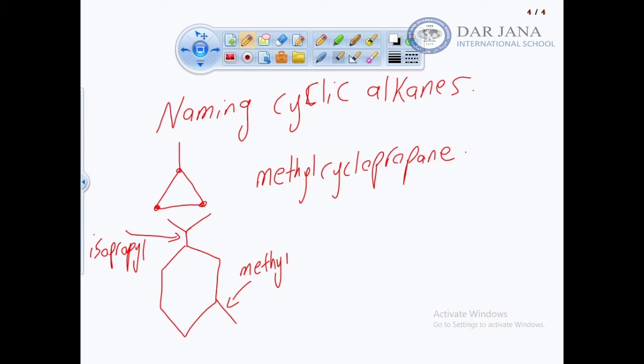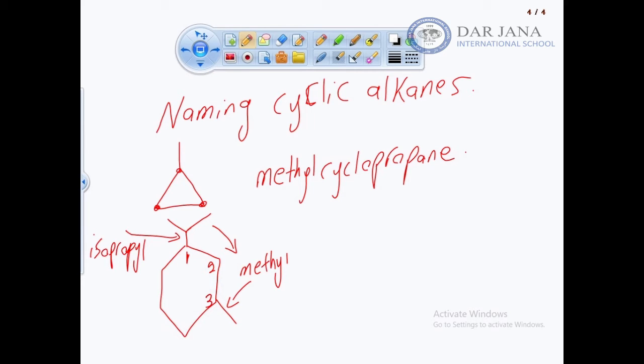Here we have isopropyl, here we have methyl. So I will put number 1 over here, and I'm going to go clockwise because you have to go in a way that gives the second branch the lowest number. So going this way, 1, 2, 3.